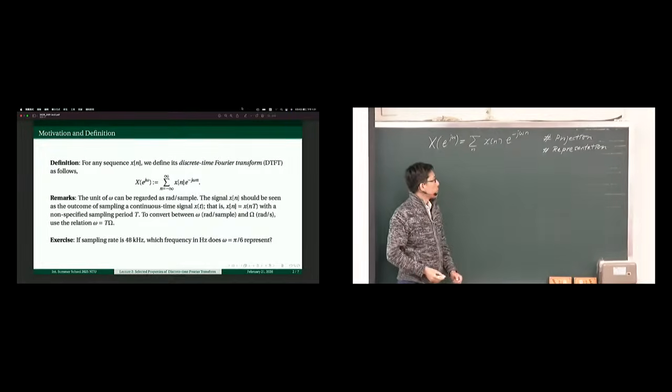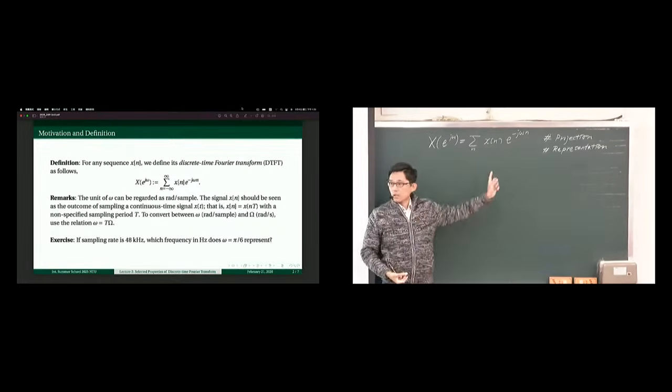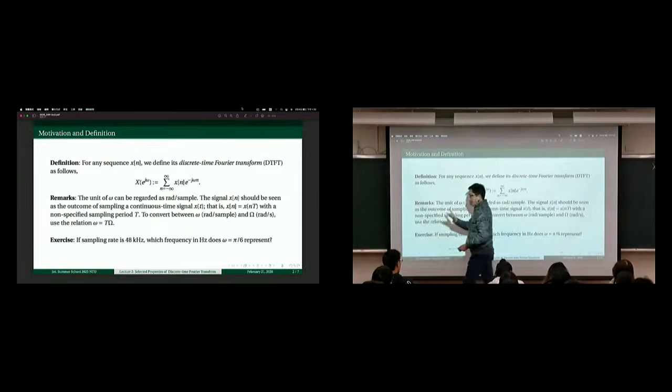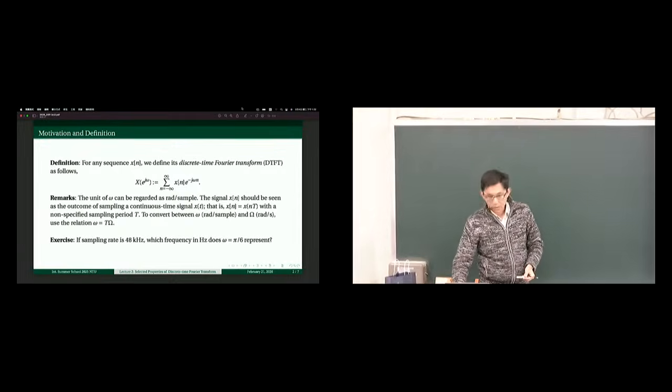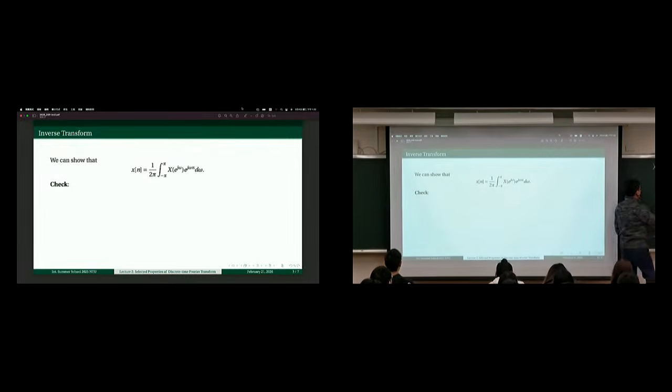So that's a direction from time to frequency domain. But we can also go backward. Given any spectral representation, you can get back to the time domain by applying what we call an inverse transform.